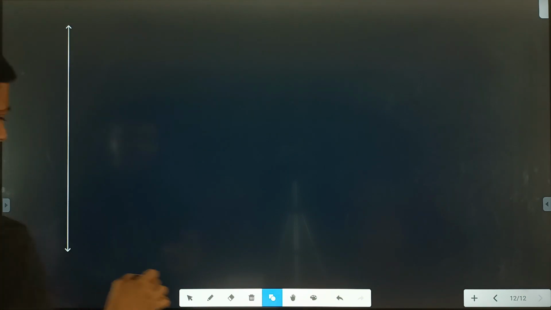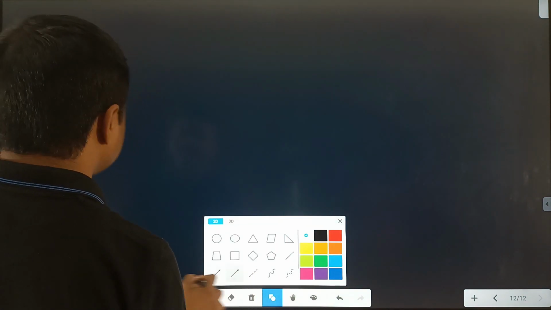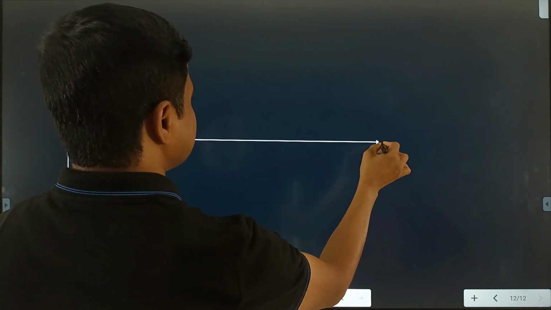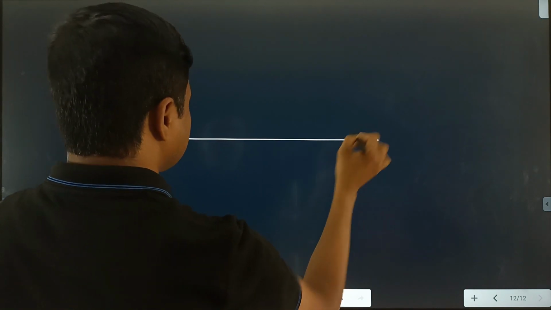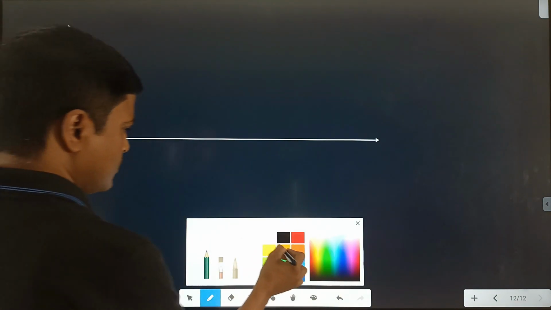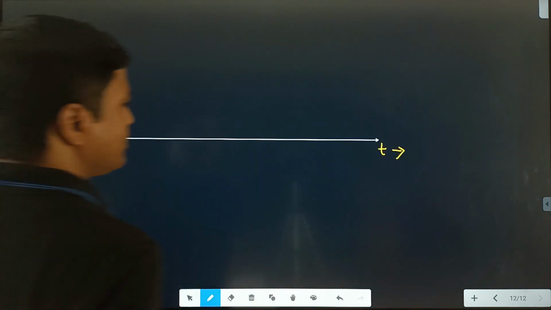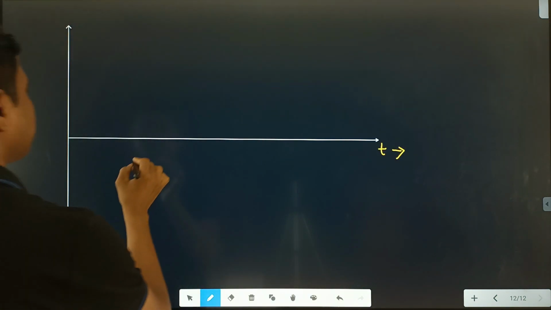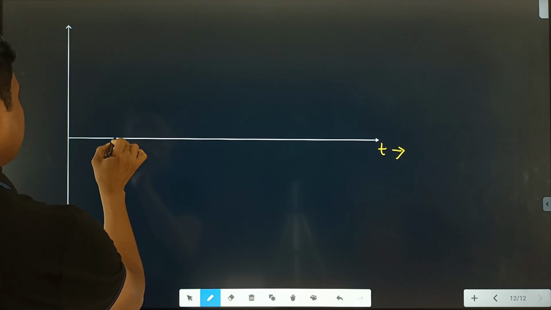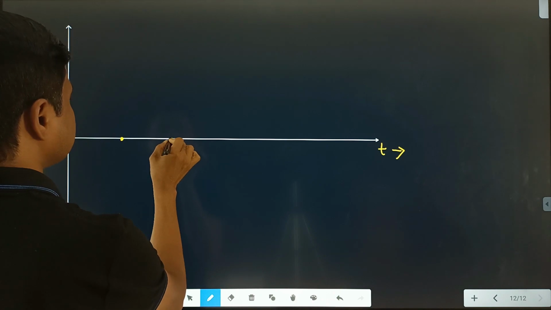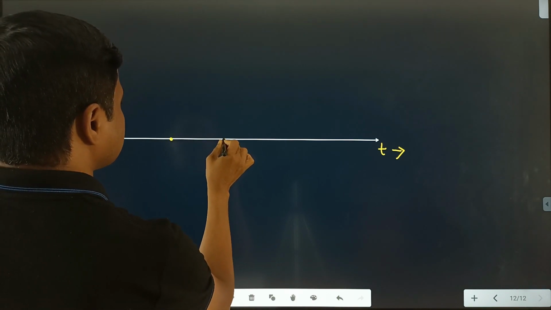This is the y-axis, also known as the current axis, and this is the x-axis, also known as the time axis. Suppose we take time along the x-axis, then we divide the x-axis into different parts just like this.